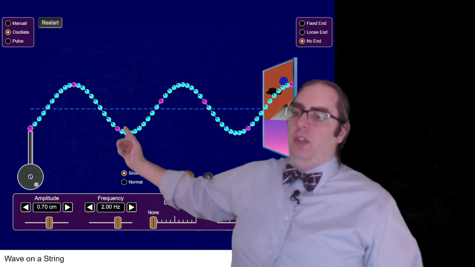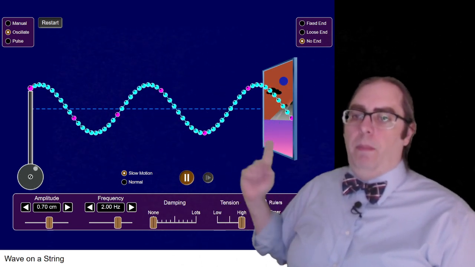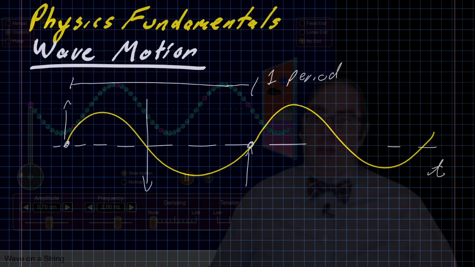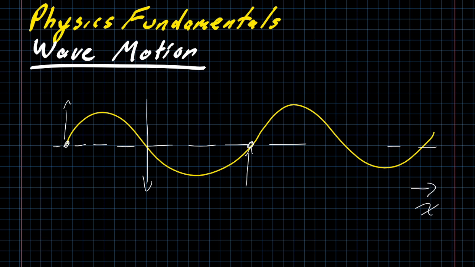The other thing that we notice is, well, let's grab one of these troughs because it's something I can point to. The trough itself moves across the screen, across the world. So if I go back to my notes sheet, and instead of talking about this as time, if I start talking about this as space, so that's the x direction, in this circumstance, we're going to call that distance the wavelength.